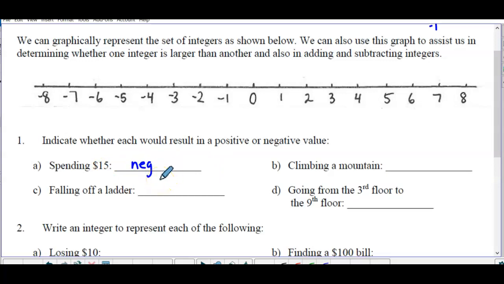You no longer have it. So that's a negative. B, climbing a mountain. So if you compare that to height above sea level, that would be a positive value. Falling off a ladder. Your height is decreasing, so it's getting lower, so I would say that's a negative. Going from the 3rd floor to the 9th floor, you're going up, so I'd say that that was a positive.